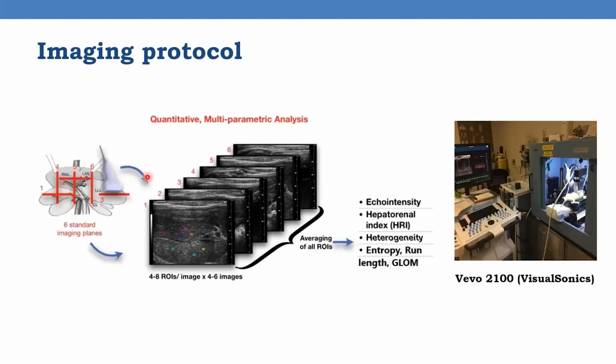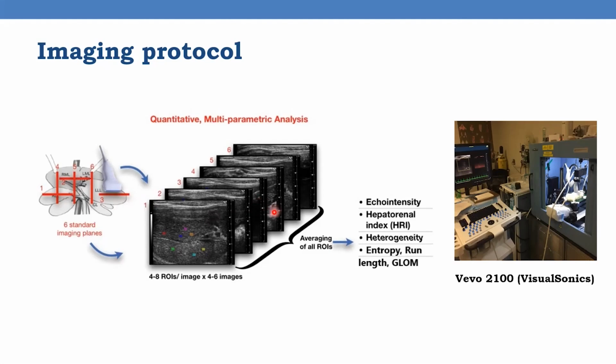During imaging sessions, 6 standard imaging planes are used to scan different lobes of the liver. We acquire, on average, 6 to 8 images from the liver at each time point.